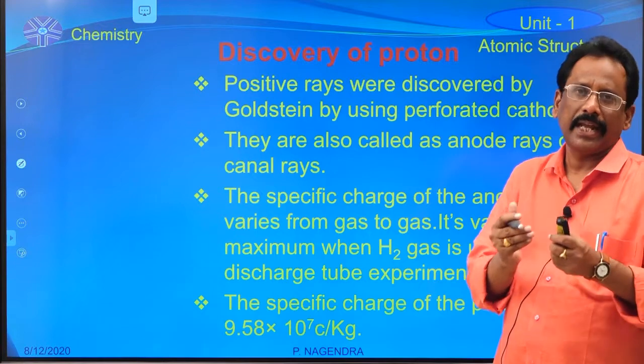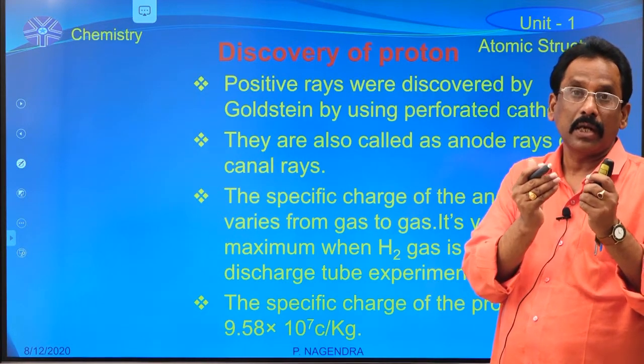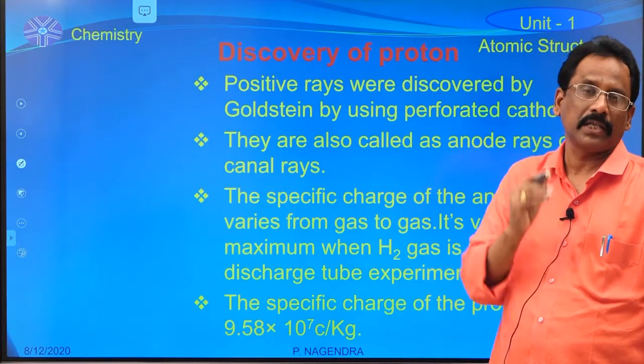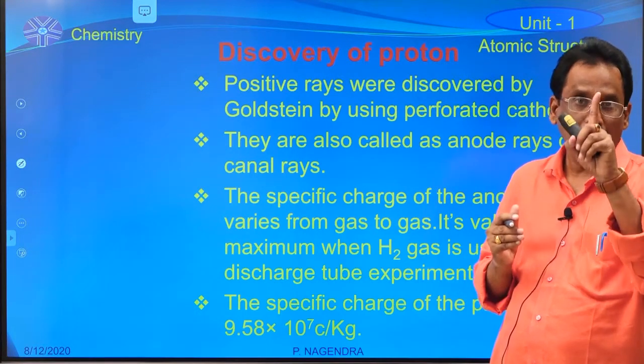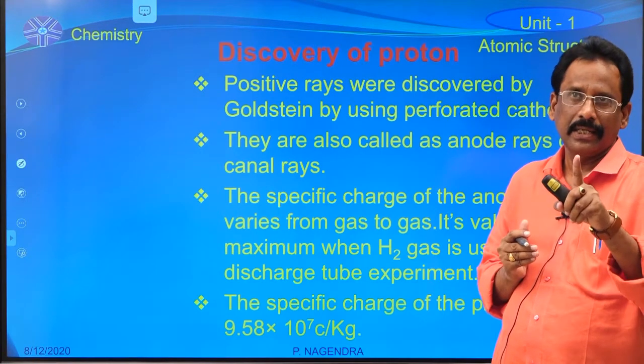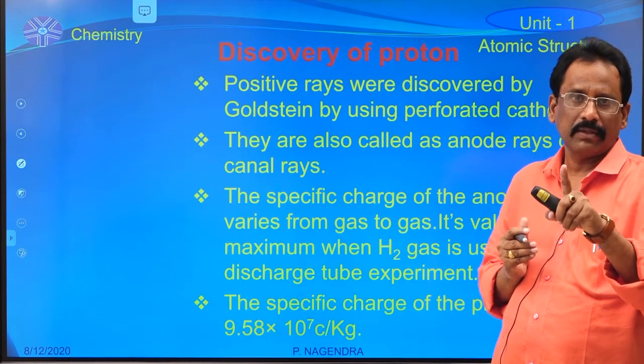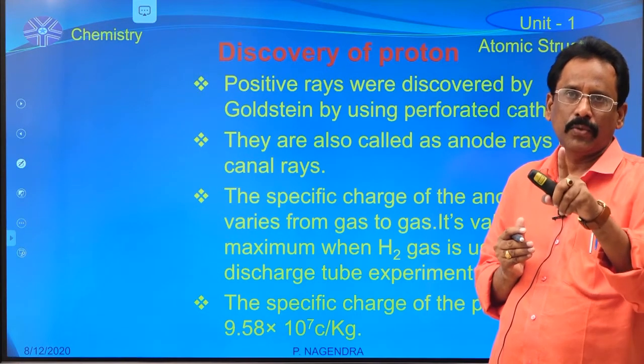At the same time, hydrogen atoms are converted into hydrogen ions. Each H plus ion contains only one proton. One proton mass is very less. So, in the formula of e/m, if the particle mass is very less, e/m value is more.